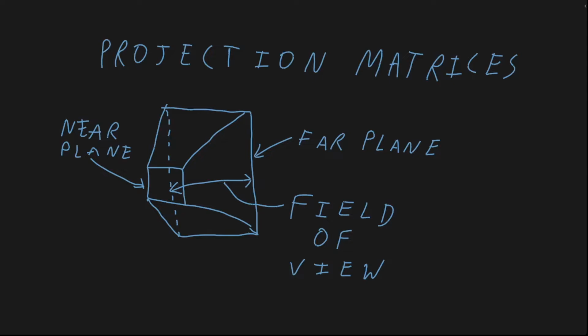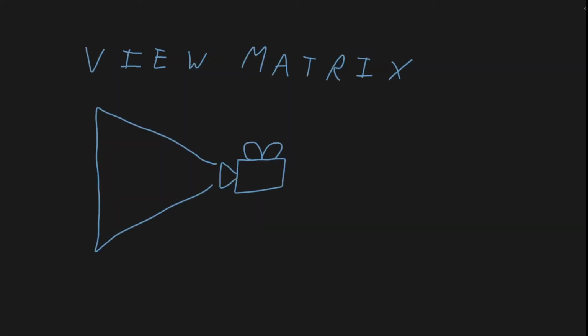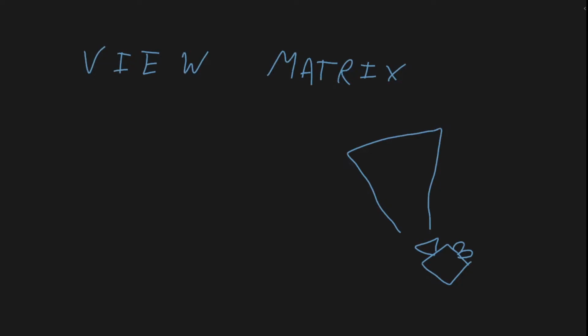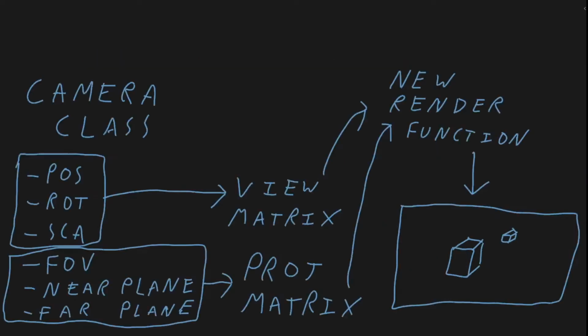In order to actually move around a camera, we need a view matrix, which takes in a position and a rotation and outputs a direction that the camera would be facing. And these two matrices combined will give us a 3D scene. So what we're going to do is create a camera class, which will contain a position and a rotation, not a scale.